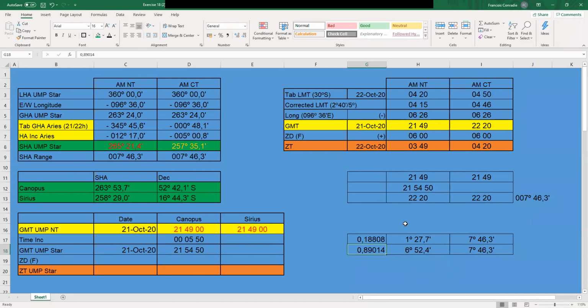And what does that give you? So what do you get here as a change for your time increment?